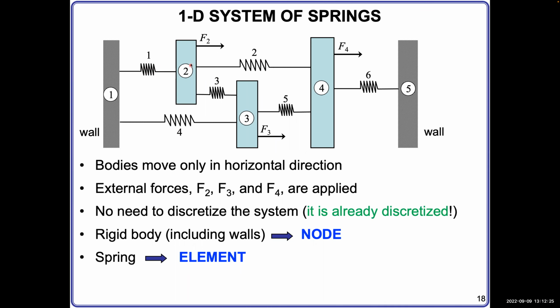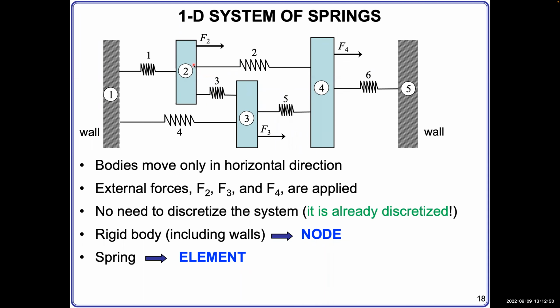This green part, these shallow green blocks, we just call a block. They are the points that connect different springs together. For example, this is called number 2. This number 2 block connects spring number 1 on the left hand side to springs number 2 and number 3 on the right hand side.